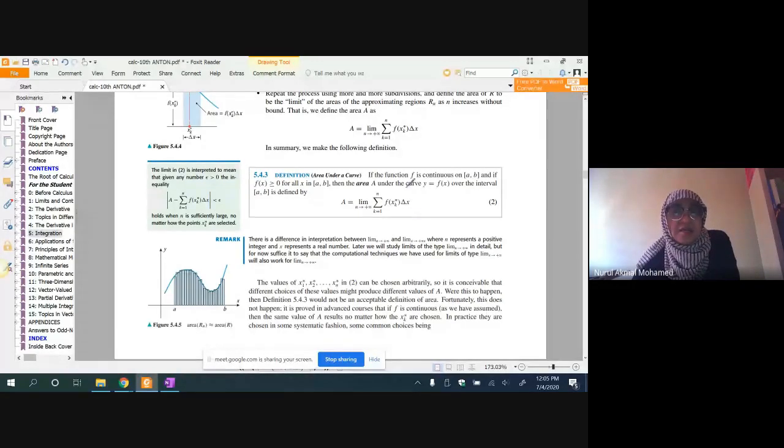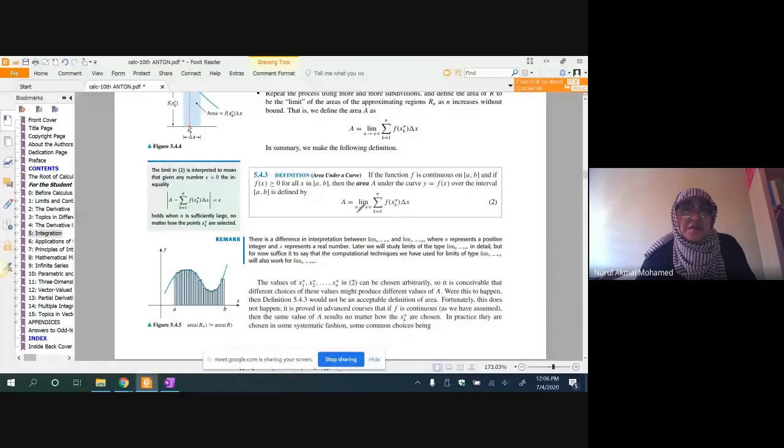So the A here is defined as the area, which is equal to the limit. As I mentioned, you can get the best approximation for the area if you divide the area under the curve into several subintervals, as long as the number of subintervals is a large number.